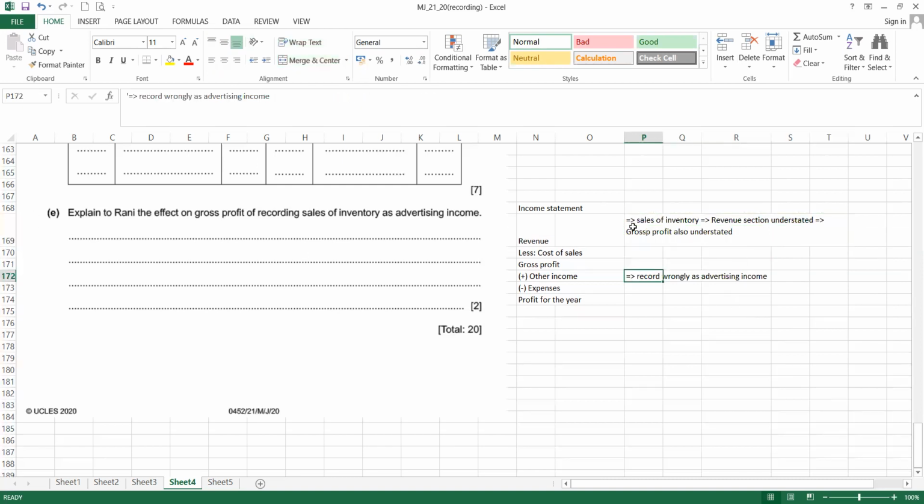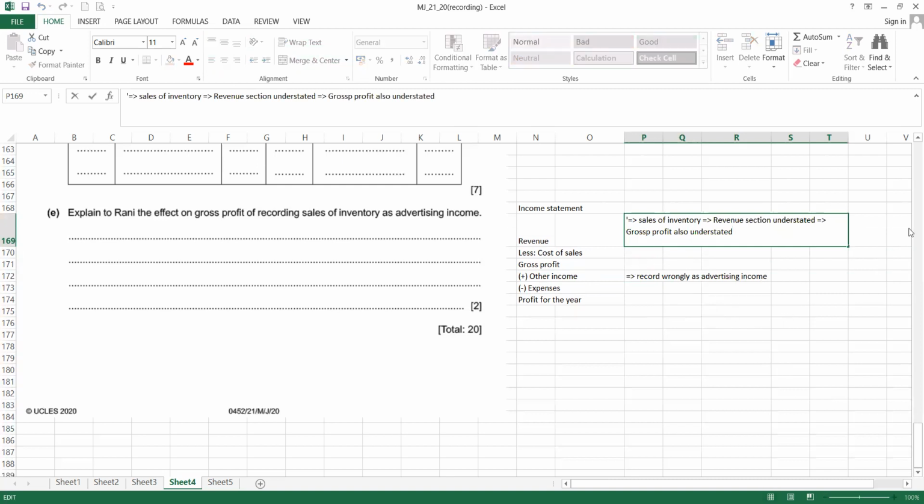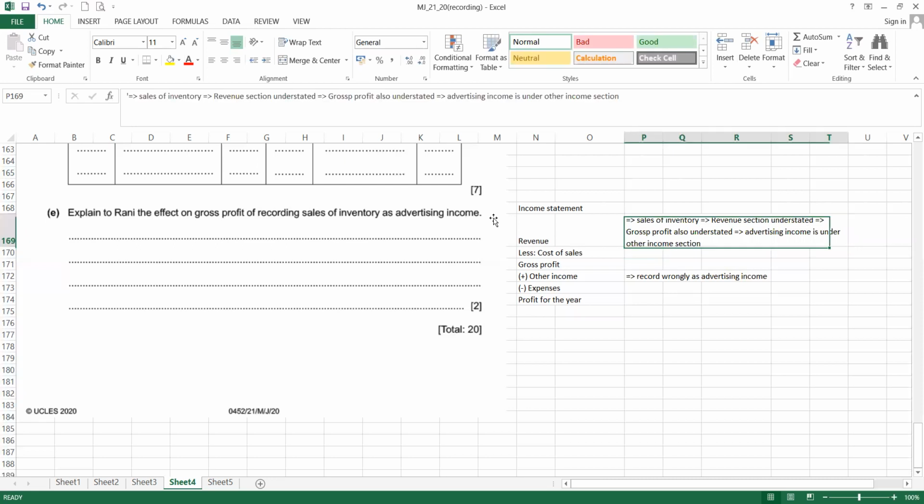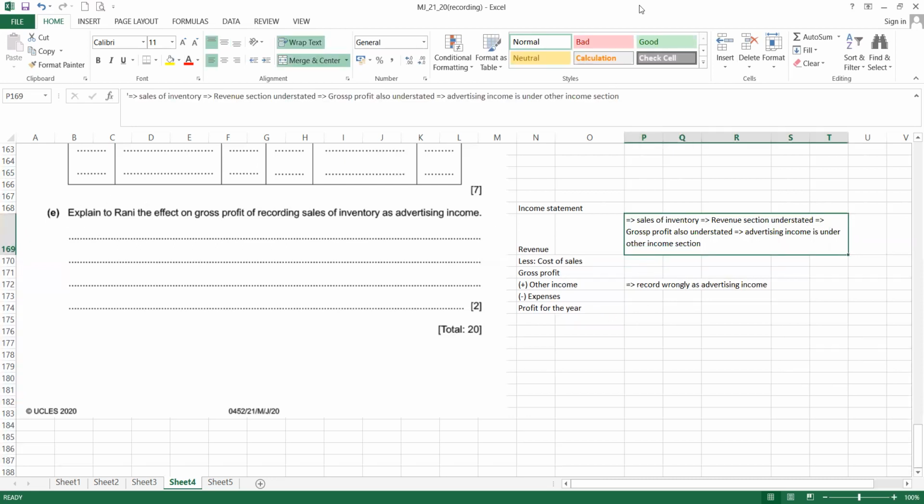So this is the impact on gross profit, because why is it understated? Because advertising income is under the other income section. Okay, so that is the reason that you can put in for section E. So this is for question number 4.